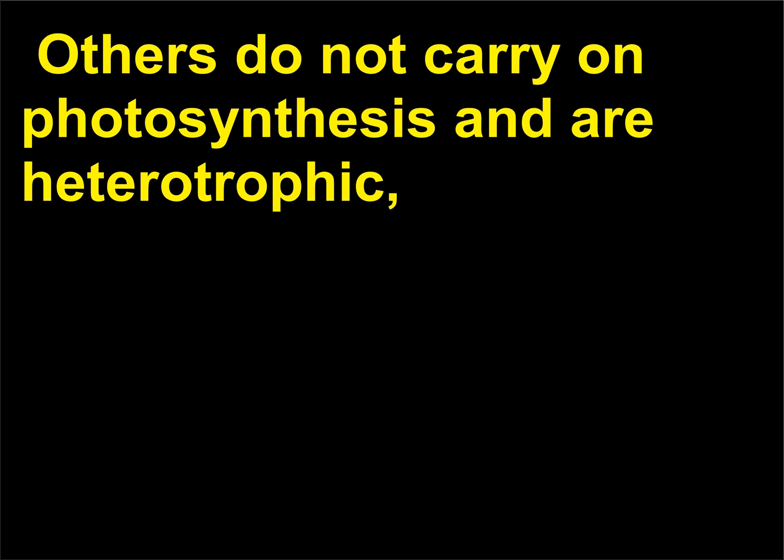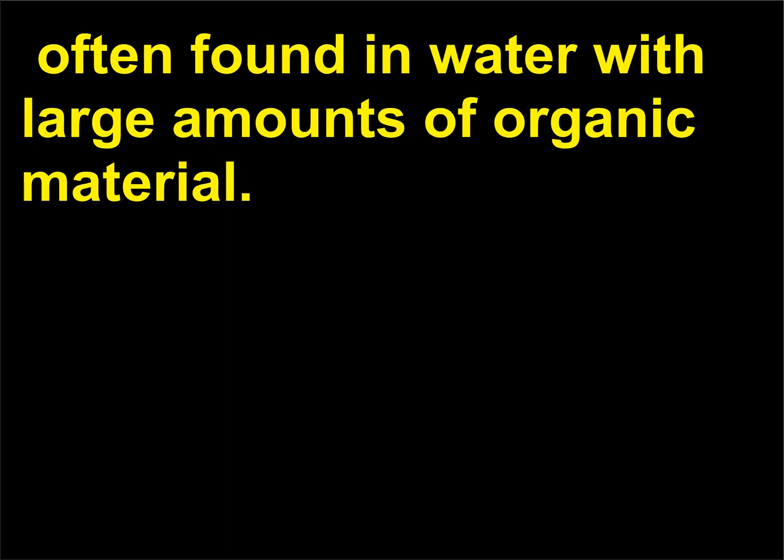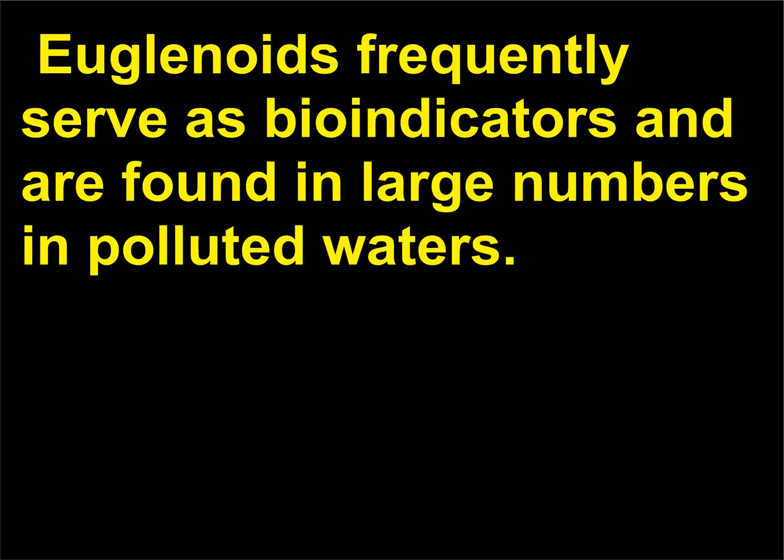Others do not carry on photosynthesis and are heterotrophic, often found in water with large amounts of organic material. Euglenoids frequently serve as bioindicators and are found in large numbers in polluted waters.